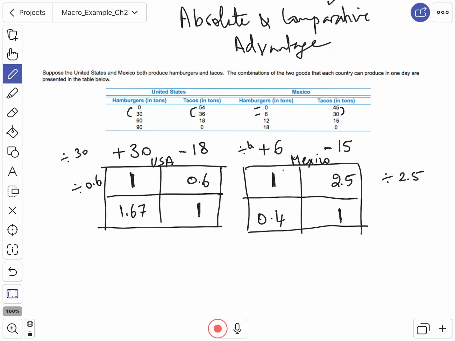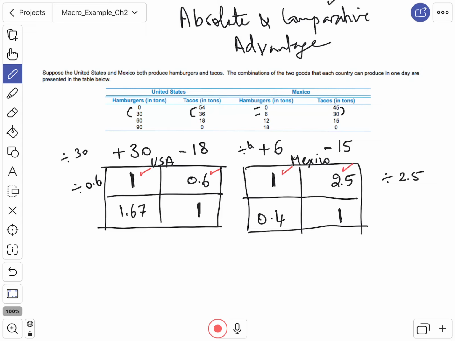And now we want to compare the production in both countries. Let me make it in a different line and a different color. Producing 1 unit of hamburger implies a 0.6 loss of tacos. However, in Mexico, 1 unit of hamburger implies more cost, 2.5.